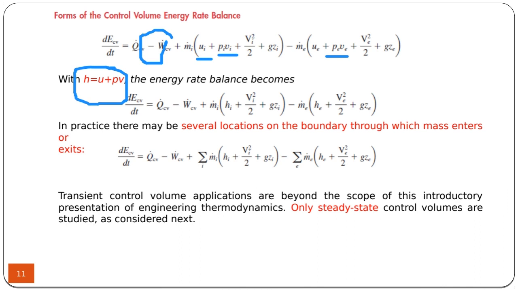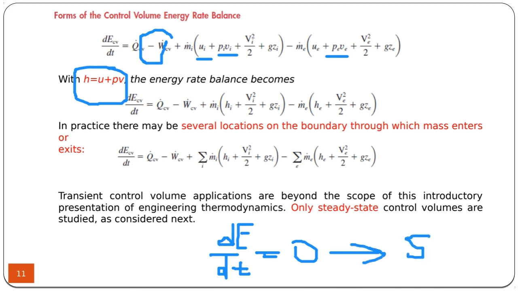So when there is a steady state, dE/dt, the energy content of the control volume per unit time, is 0.